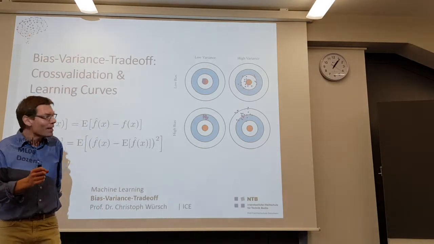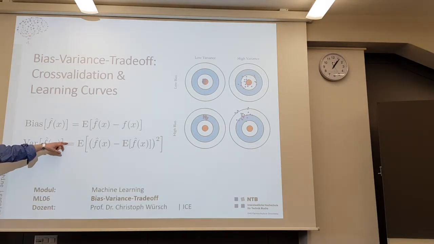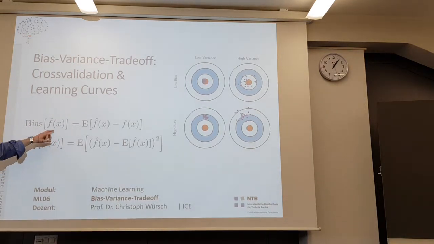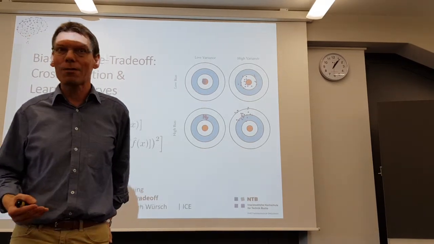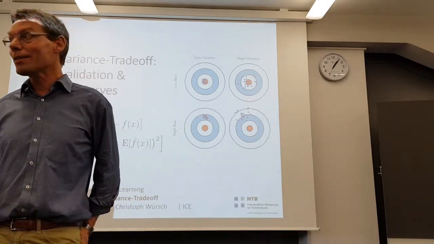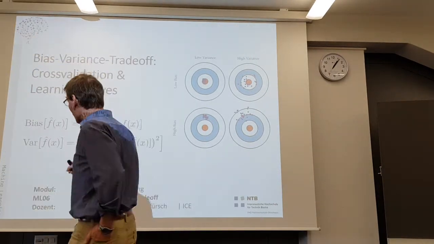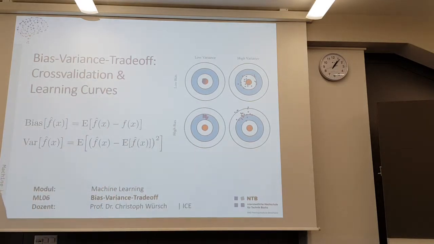What this exactly means, we can define statistically. What is the bias term of our estimator? An estimator is an estimating function. It can be a classifier, it can be a regressor. We estimate, and we never know the true function here. The true function is just given indirectly by the data.